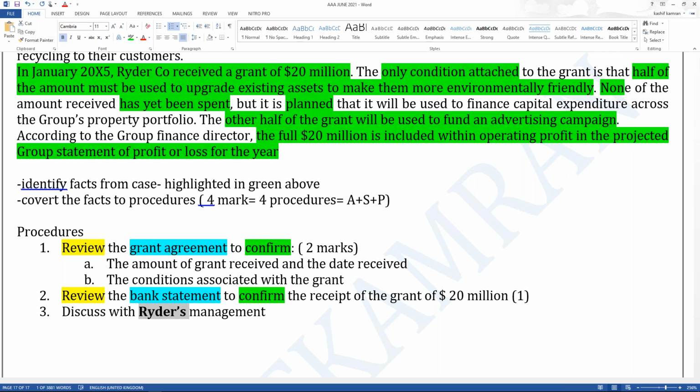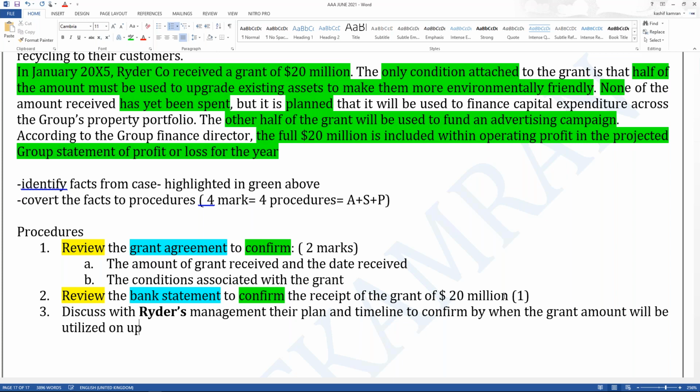Discuss with Riders management their plan and timeline, to confirm by when the grant amount will be utilized on upgrading assets and funding the advertising campaign.